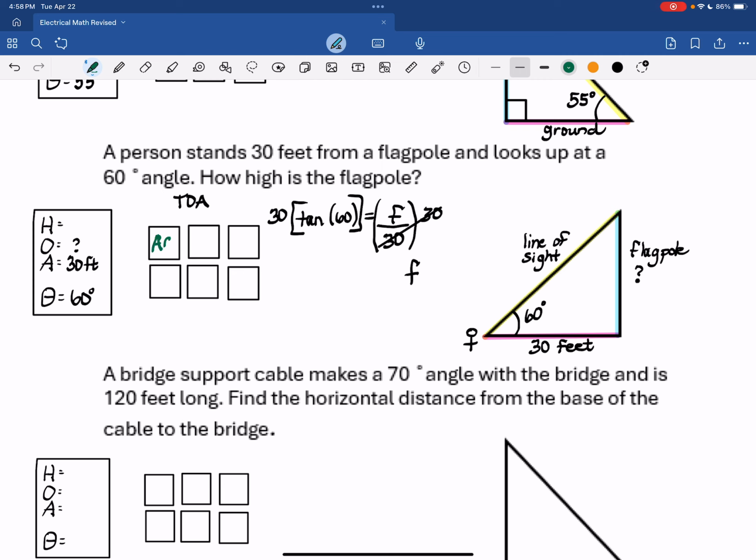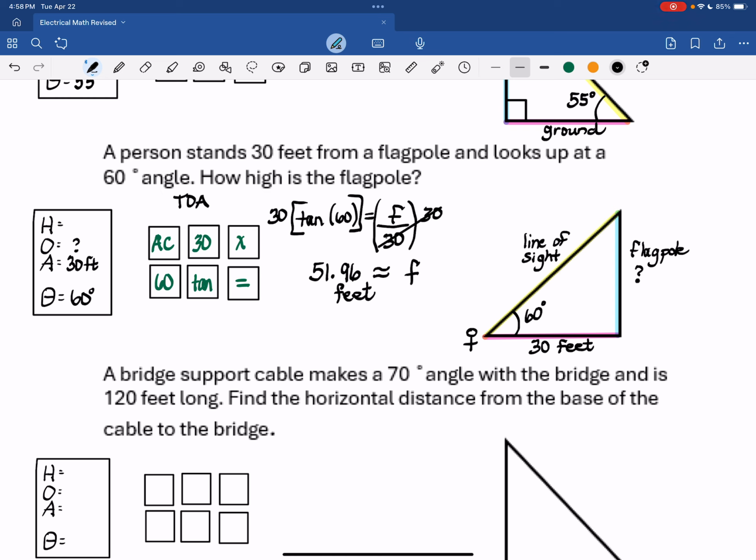all clear, 30 times 60 tan for tangent equals. So we have 30 times 60 tan equals about 51.96 feet.